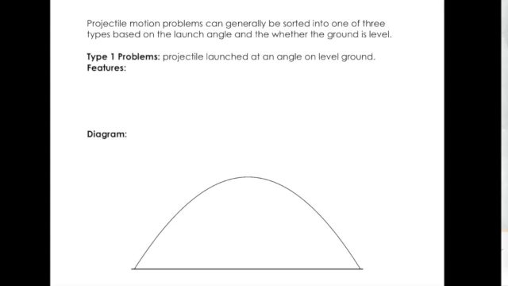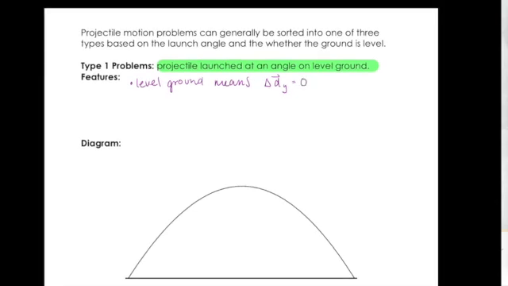Okay, so type 1: a projectile launched at an angle on level ground. Level ground means that our displacement in the vertical plane is going to be 0.